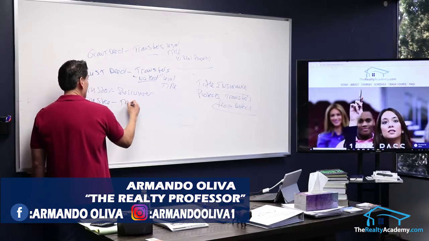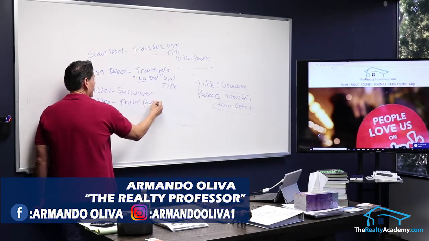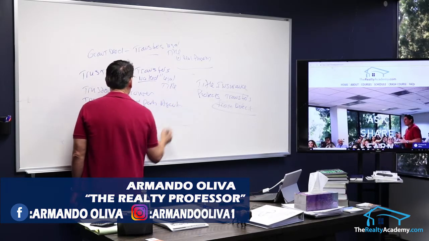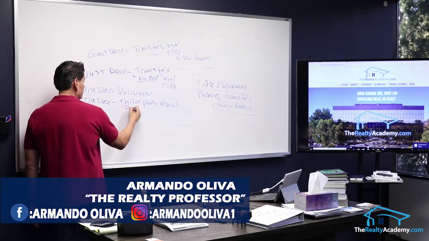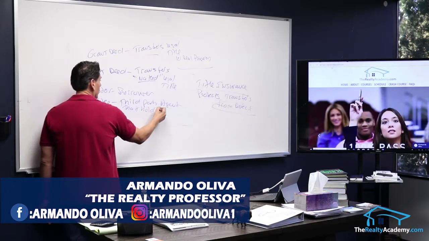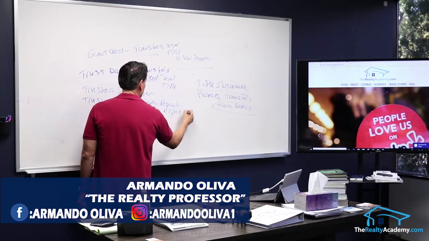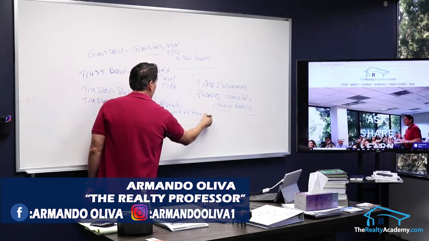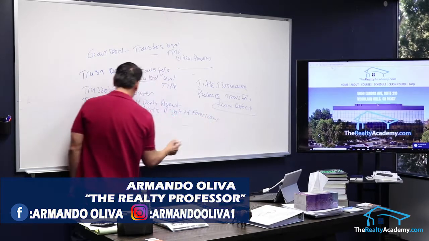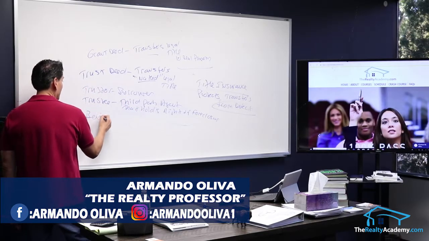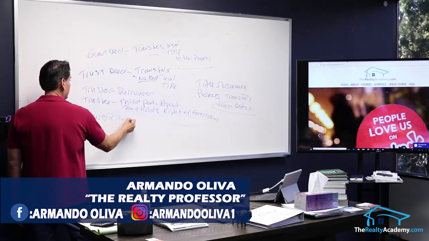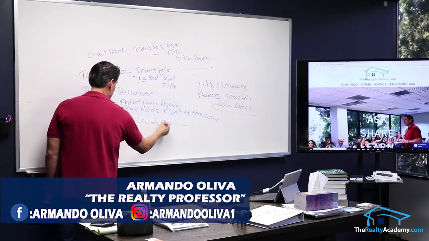But the trustee is a third party agent that holds the right of foreclosure, and they hold it for the benefit of the lender. And so in this case, the lender is the beneficiary.